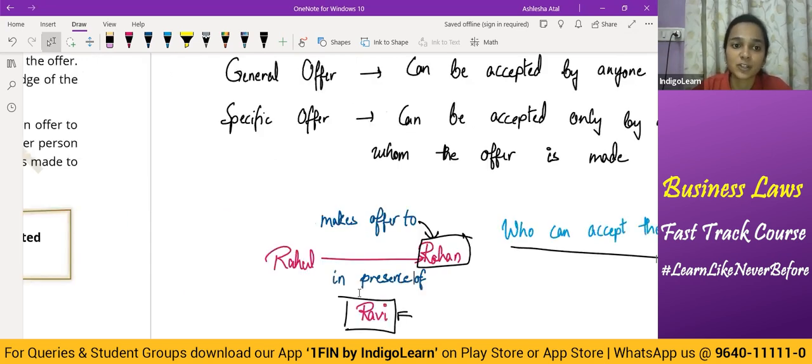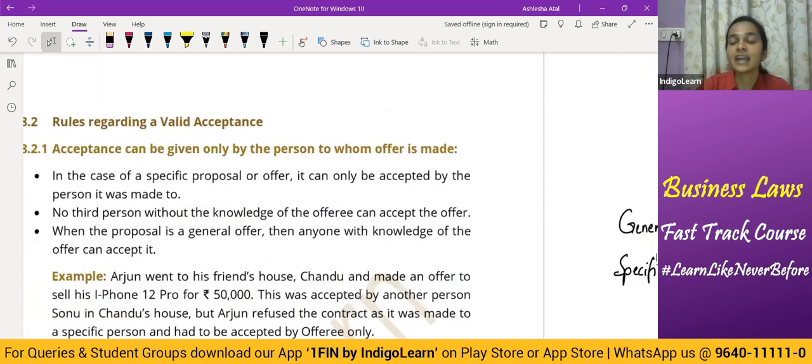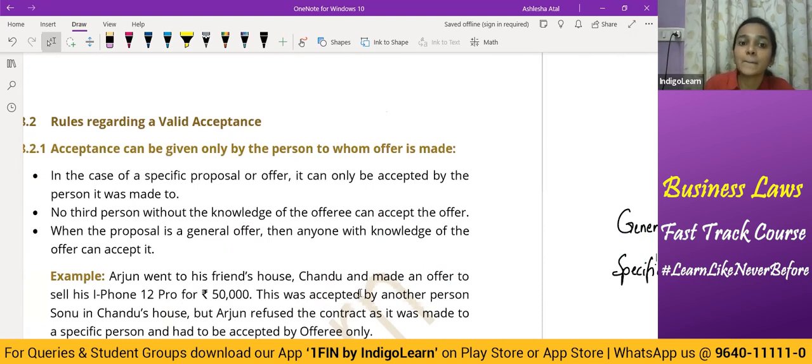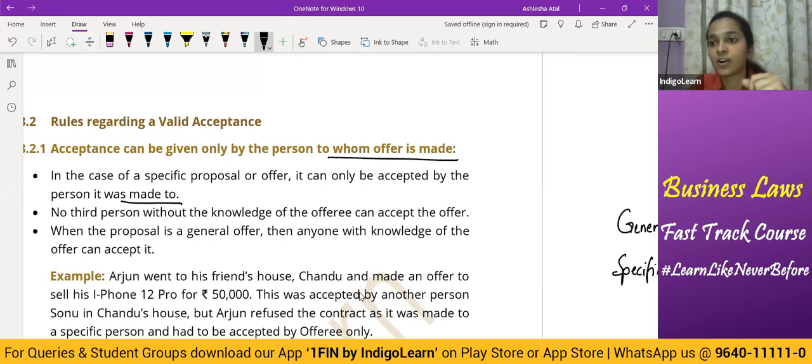The first condition for valid acceptance is that it can be given only by the person to whom the offer is made. Whenever a specific proposal is made, it can be accepted only and only by the person to whom it is made, and a third person cannot accept it. Yes, if the third person is acting as an agent of this offeree, on behalf of the offeree, that is a different case.